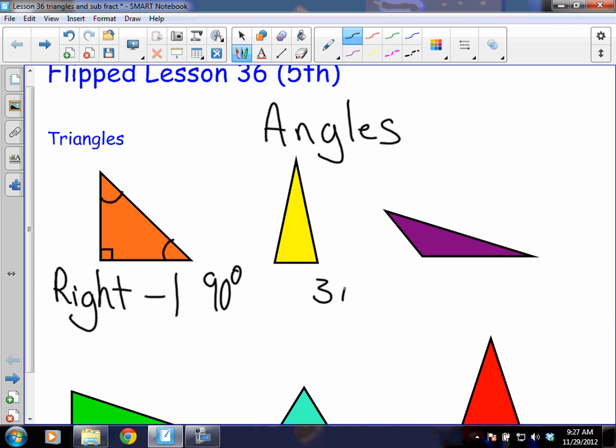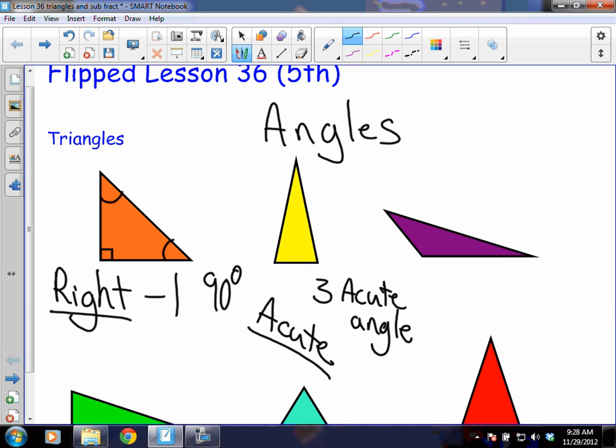And so if you have 3 acute angles, you're going to have what's known as an acute triangle. And so that's our second type of triangle. So we got right triangle, we got acute triangle, and that leaves the last one.